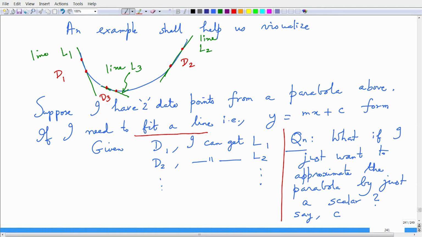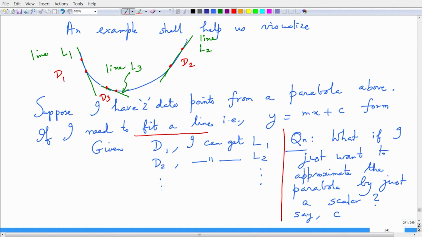It is straightforward, I can get an estimate of m and c from straightforward coordinate geometry. So, I get line L1 passing through these points. Similarly, I get line L2 passing through the points in the data set D2, line L3 going through the points in the data set D3, and so on.